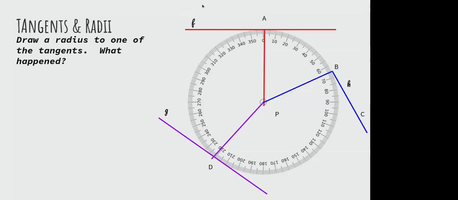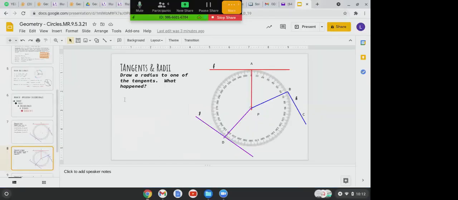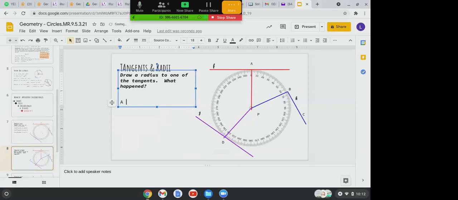Yes. So the intersection, a right angle is formed when a radius is drawn to the point of tangency.